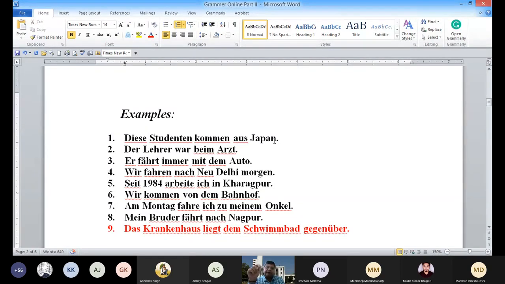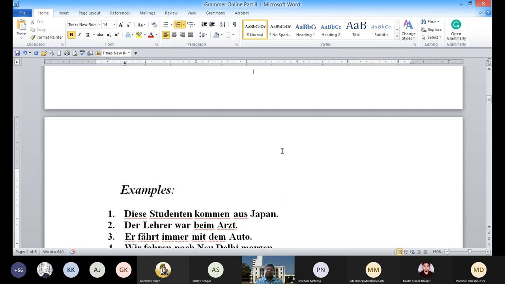Like "Die Studenten kommen aus dem Klassenzimmer." Klassen means class and Zimmer room. Zimmer is neuter gender, here in dative. So "aus dem Klassenzimmer" means from the classroom. They are coming out of the classroom. But here, because proper nouns are there, we cannot use any article before that.